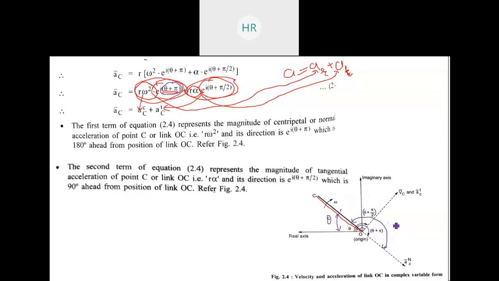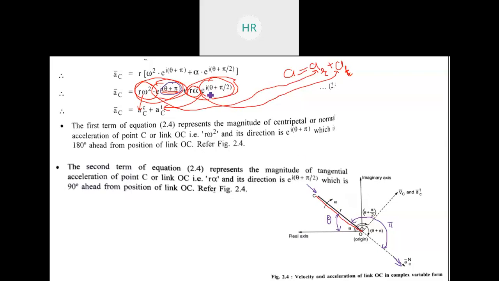Okay, this angle is pi. So direction of radial component is parallel to the link and towards the center. Direction તમે જોઈ શકો છો આ ડાયરેક્શનમાં. Okay, this direction.